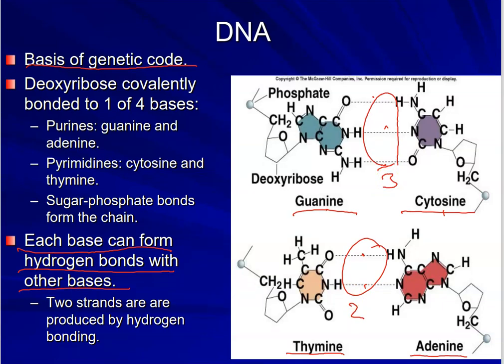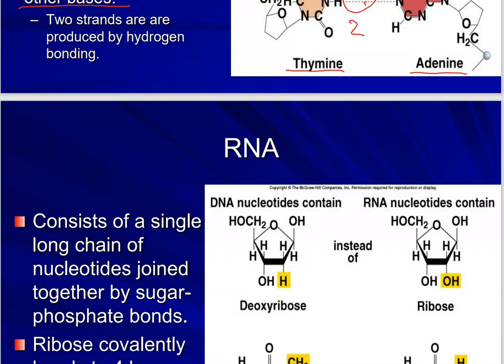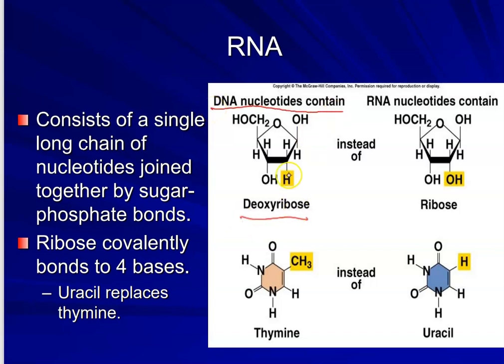Let's take a look at the difference here with RNA. RNA uses the 5-carbon sugar ribose. So by comparison, DNA nucleotides contain deoxyribose, and RNA nucleotides contain ribose. Minor, very small change, this H versus this OH right here.